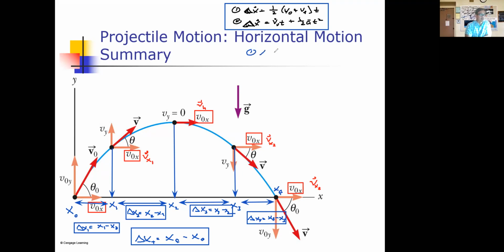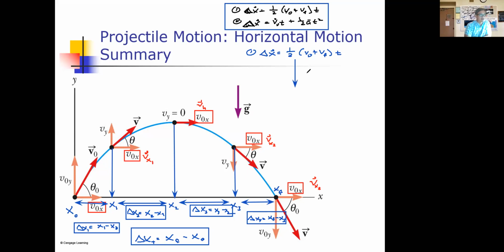Delta x is going to be equal to 1/2 times v initial plus v final, times time. What did we remember about the velocities along the horizontal? All the velocities are going to be the same.